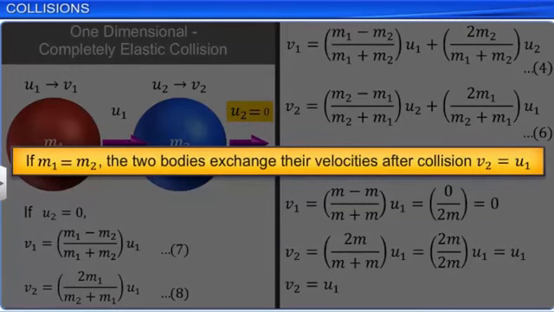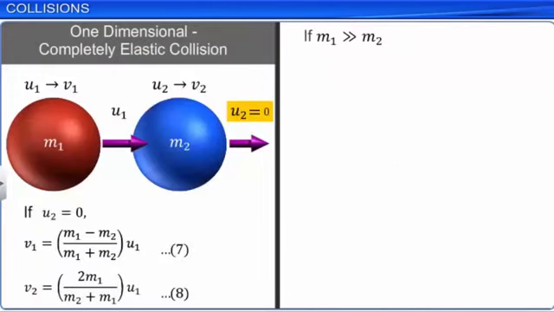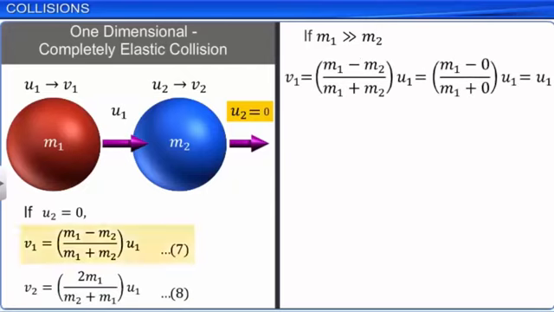If m1 is much greater than m2, then we neglect m2 in equations 7 and 8. Thus, we get v1 from equation 7 equal to u1. And also, we obtain v2 from equation 8 equal to 2u1.